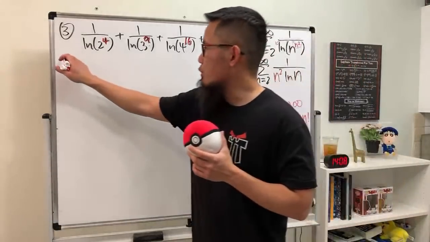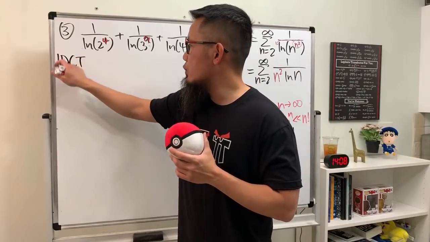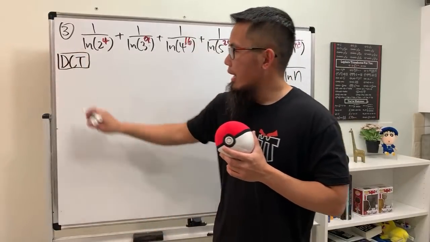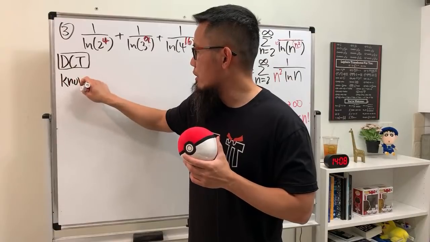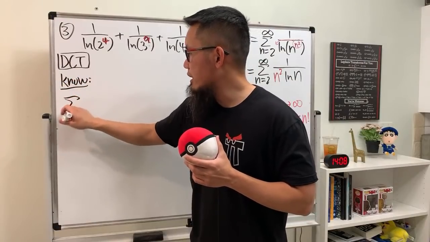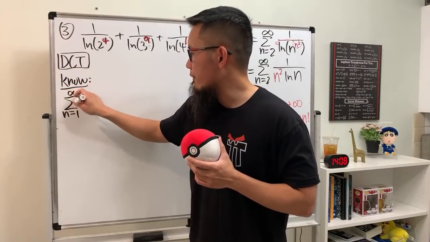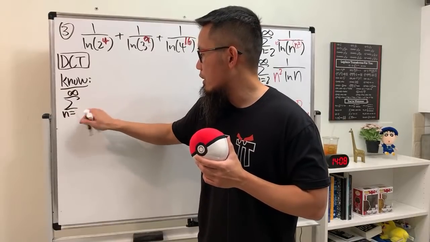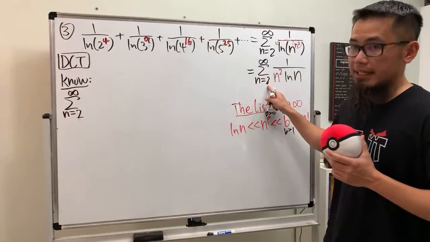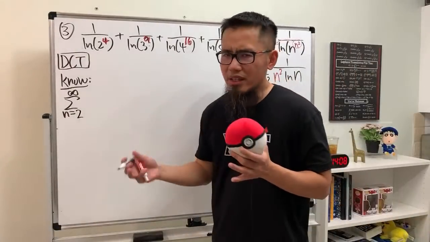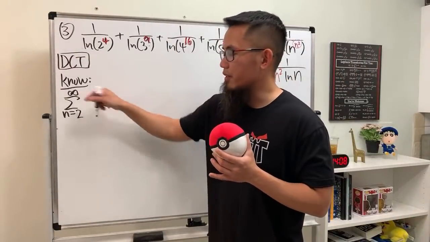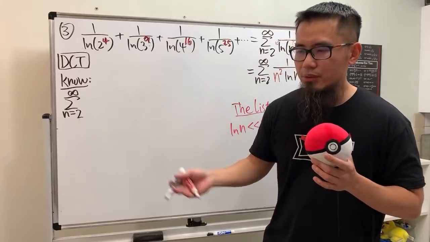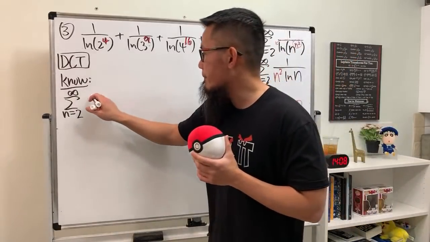So here's the deal. Let's go ahead and use the direct comparison, DCT. And again, let's go ahead and put down what we know. This time, we are going to be using the series as n goes from 2 to infinity. We can just match with the same index, right? The starting value doesn't really matter that much. As long as you have infinity right here, the p-series, things like that, it will still work the same way.